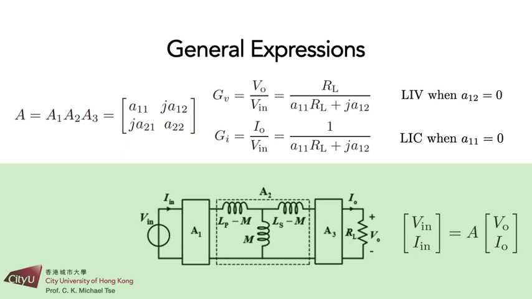In particular, I would like to draw your attention to 2 very important conditions. One is LIV, standing for load independent voltage, and also LIC, standing for load independent current. That is when the voltage at the output is constant irrespective of the change of the load. And for LIC, that is a constant current irrespective of the change of the load.